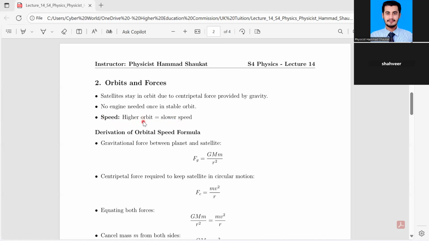If an object is revolving very close to the Earth, its speed would be high. So orbital speed has an inverse relationship with the orbit. The more the speed, the smaller the orbit. If the orbit is higher, meaning the distance between the two bodies is greater, the speed will be slow. Any question?